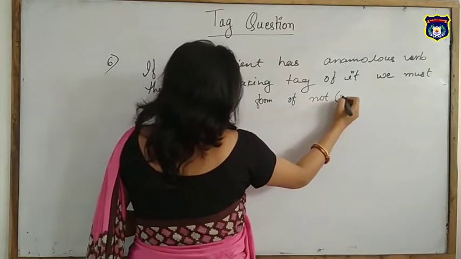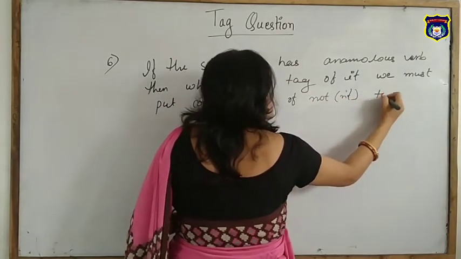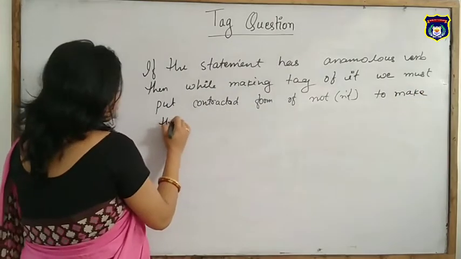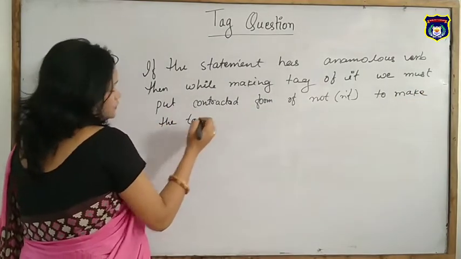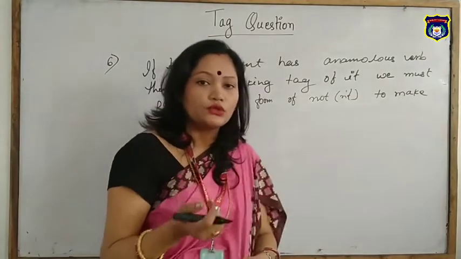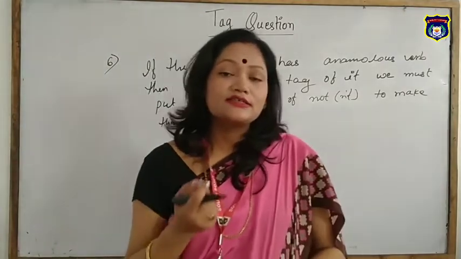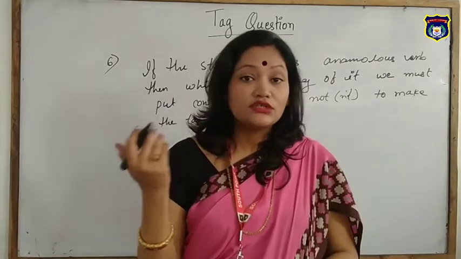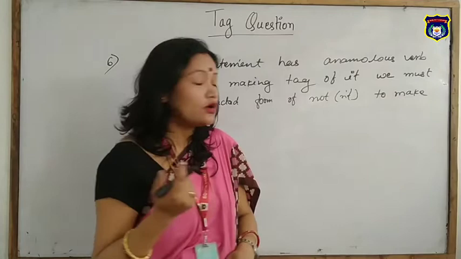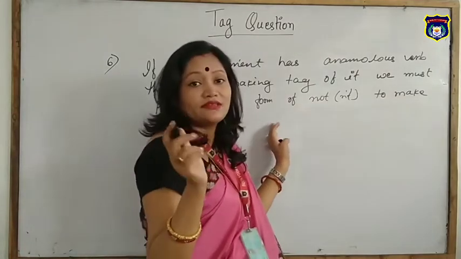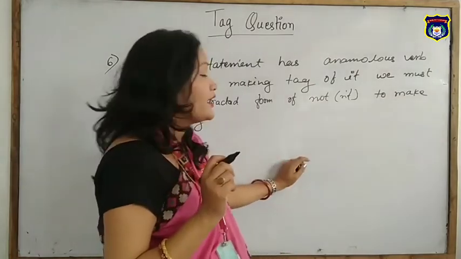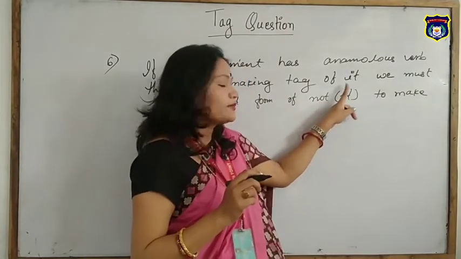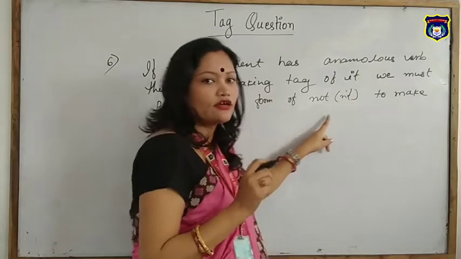Now the question is, what are the anomalous verbs? So the anomalous verbs are like is, am, are, was, will, has, have, had, do, did, does, can, could, shall, should, all those. So whenever the statement has all these anomalous verbs, at that time we are going to put the contracted form of not, that is an apostrophe and then t, and make the tag of it.